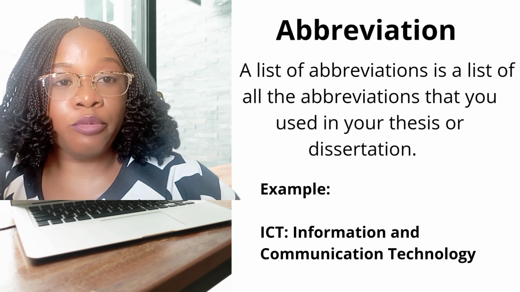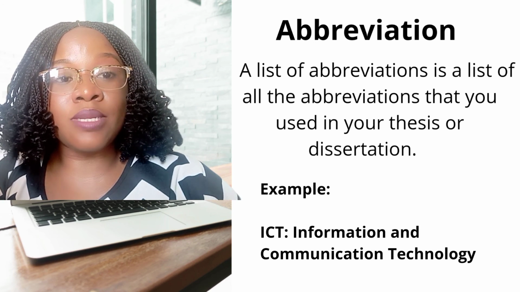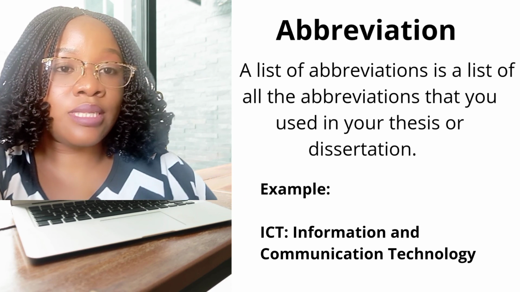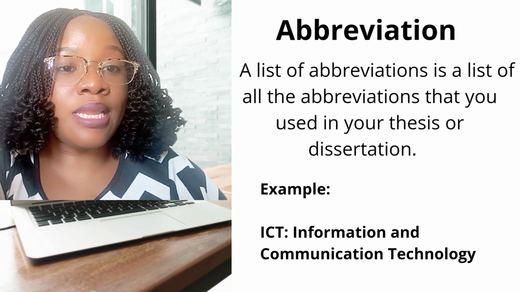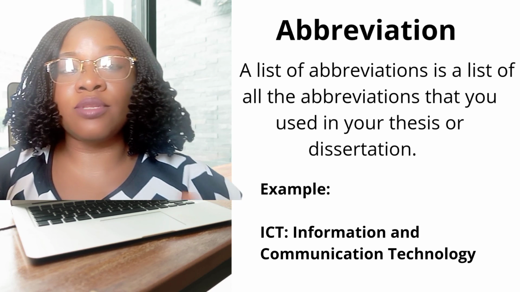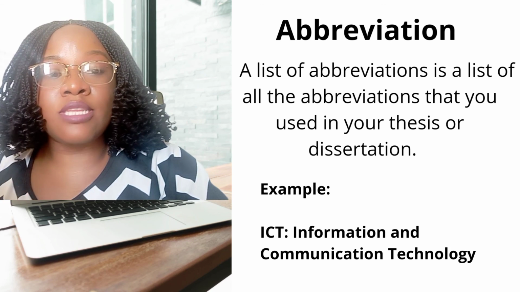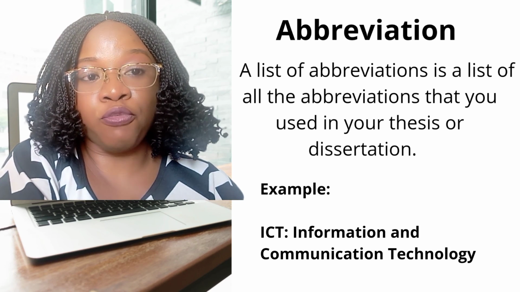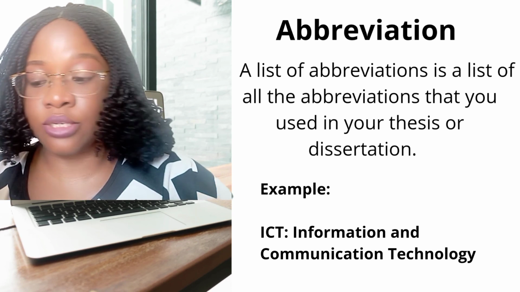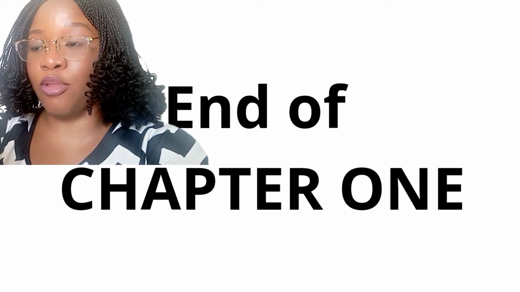Everything that has been abbreviated in your work must be listed out, both the abbreviation and what it means, like United Nations for UN. So you give us the abbreviation and give us the full meaning of the abbreviation or initials. So this is the end of chapter 1.